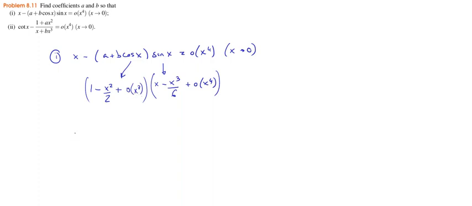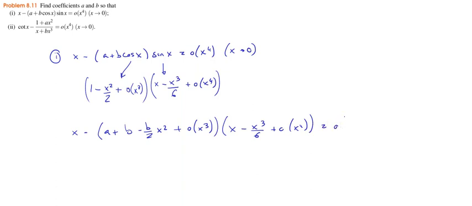So then here this is x minus, and then you have (a plus b minus b over 2 x squared plus small o of x cubed), because b times x cubed is this, times x minus x cubed over 6 plus small o of x to the fourth, is equal to small o of x to the fourth, all of this when x goes to 0.